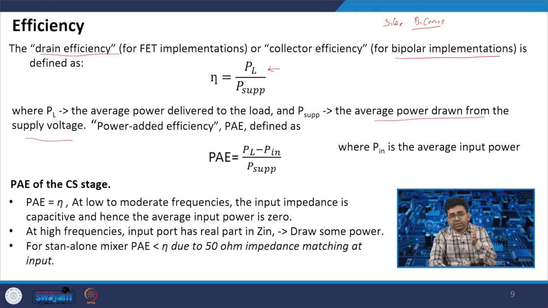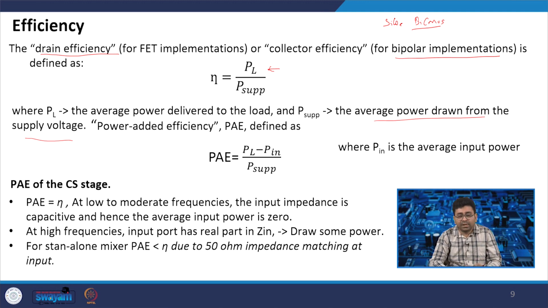So, if we want to have an efficient power amplifier, then your circuit should consume as little power as possible, and there is no power amplifier in which the circuit consumes no power, there is no possibility. That is why we cannot get a 100% efficient power amplifier, but it has some efficiency that we can target to achieve.